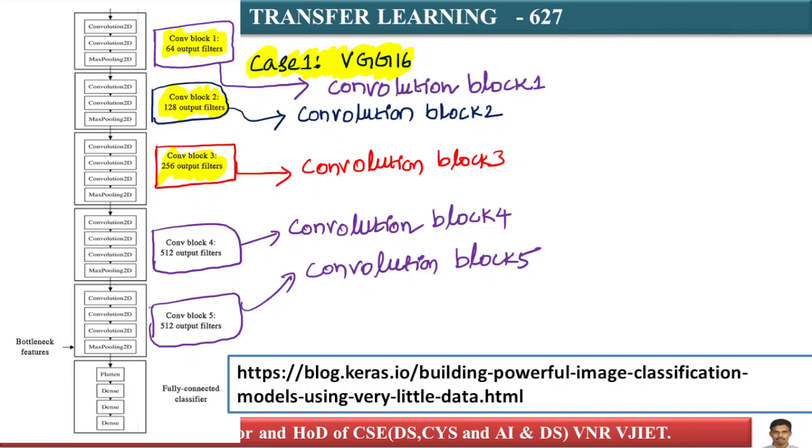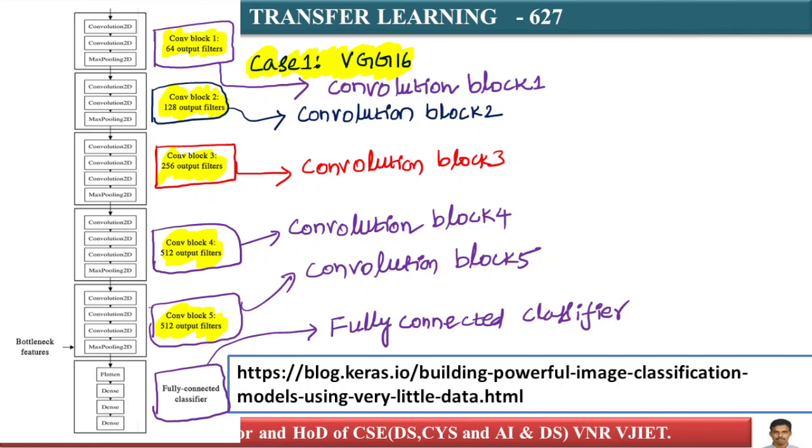What you have just before the flattening layer, just see here, you have the fully connected classifier. Look at the end of this max pooling 2D. At the end of this max pooling 2D, just before the flatten layer, as soon as you flatten, what do you get?